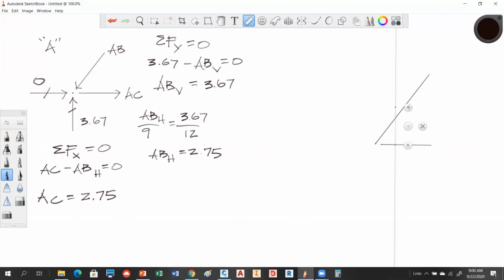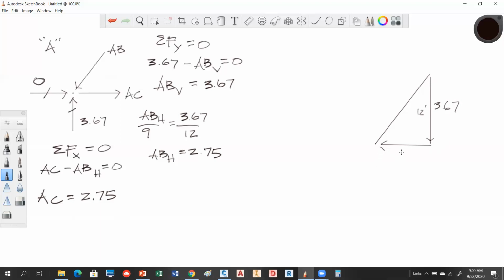So the key thing you've got to remember, you're dealing with a right triangle, okay? So we solved the vertical component, right? That vertical component has a force of 3.67, right? But the distance from here to here is 12 feet, right?